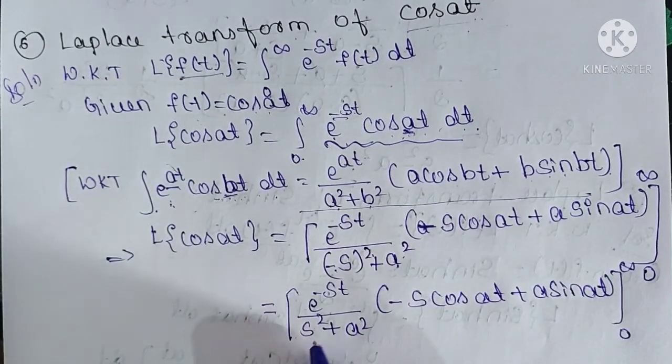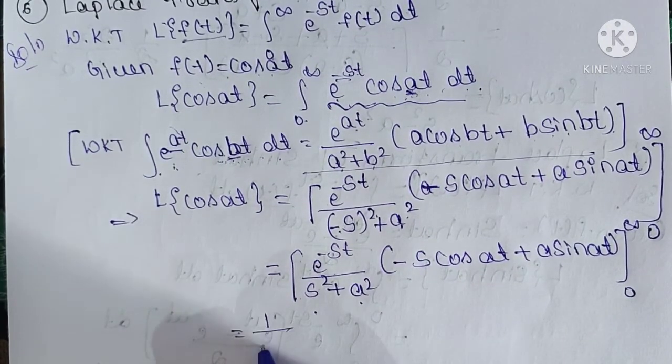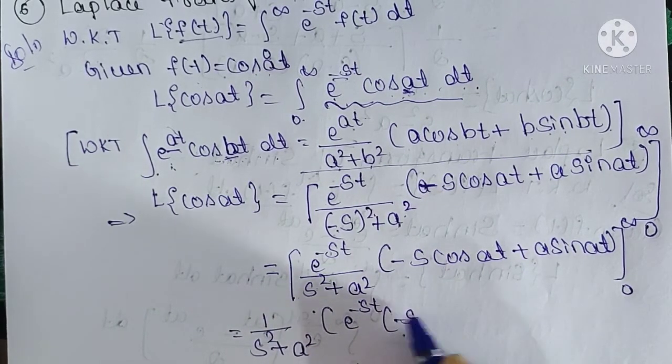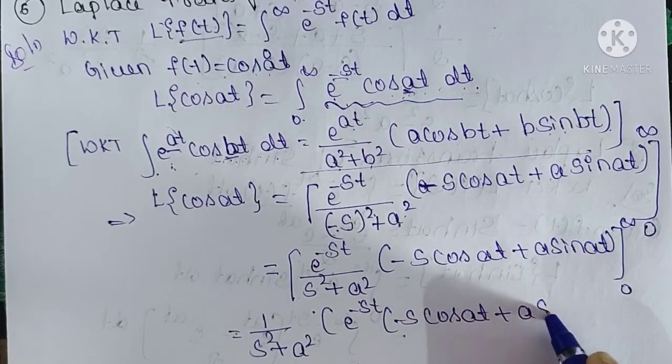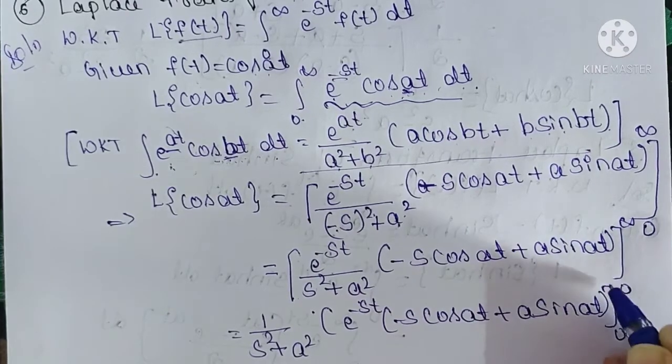Now here 1 by s square plus a square is a constant term. You take it out, leaving e power minus st times minus s cos of at plus a sin of at, limits 0 to infinity.